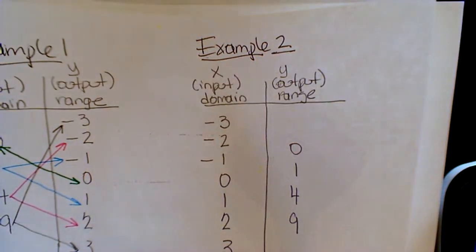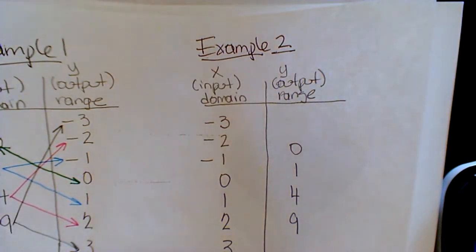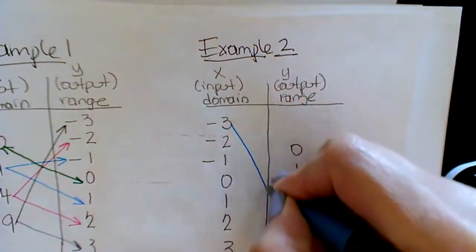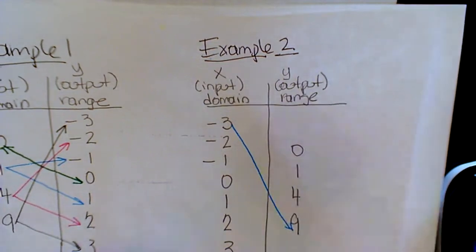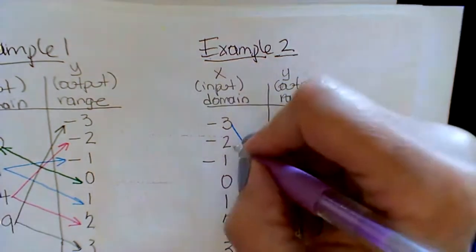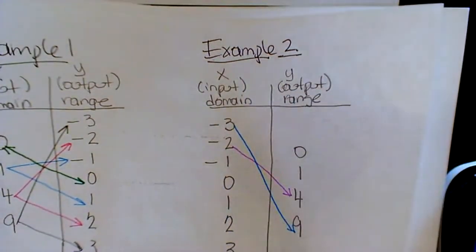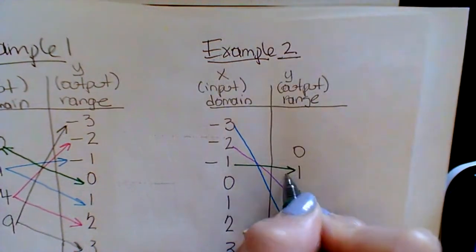So I have the negative 3 goes to 9. The negative 2 goes to 4. The negative 1 goes to 1.